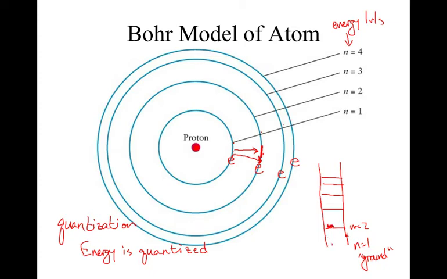If you only lift your foot halfway, you're not going to magically appear on the first step, or n equals 2. Same thing with your electrons. If we don't give him enough energy to get all the way up here, there's no way he's going to make it. Also, we can't exist at half a sublevel.